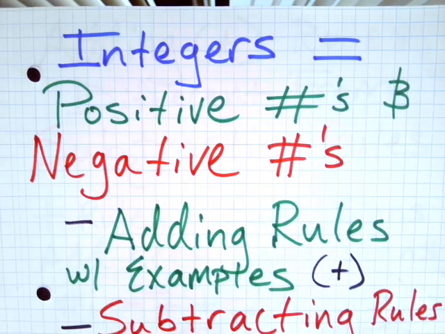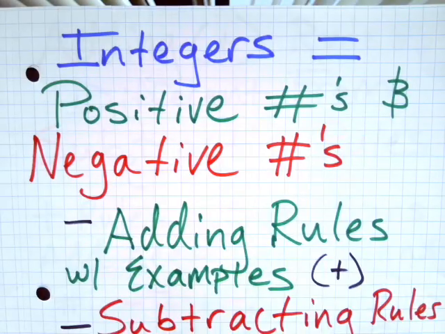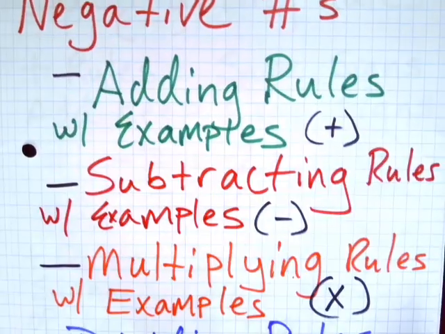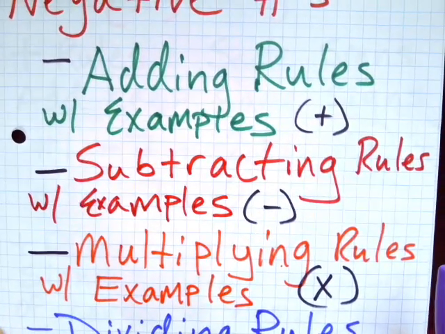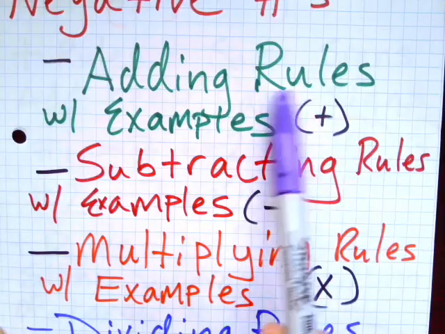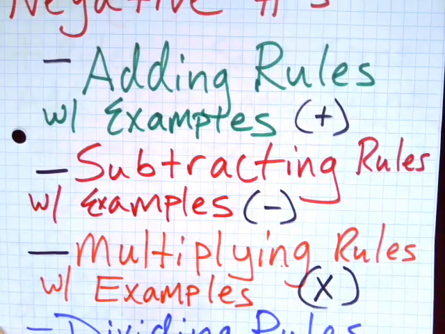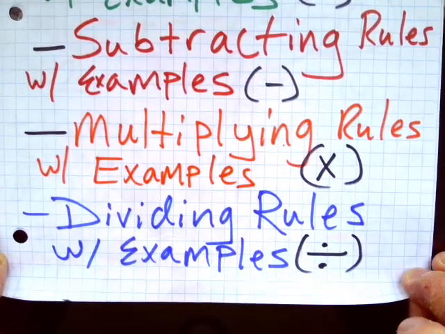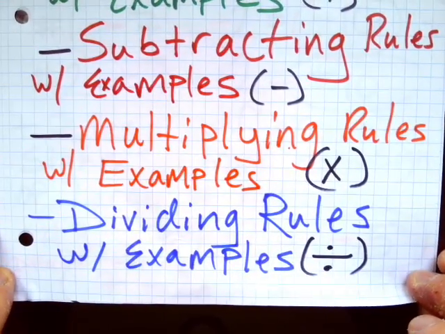I'm also eventually going to get into the adding and subtracting rules. I've got a special rule for subtracting. It's a keep, change, change. That turns it back into the addition rules. And after I cover those two rules, I will go over the rules for multiplying and dividing integers.